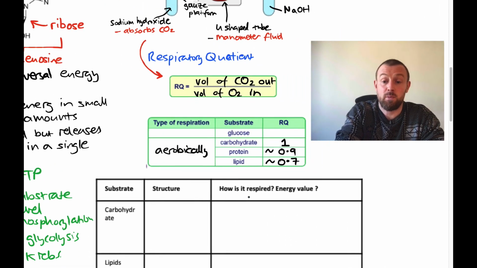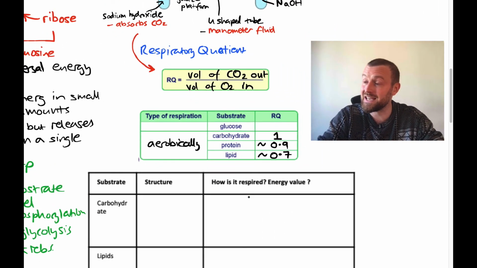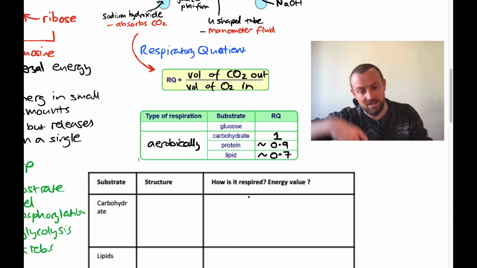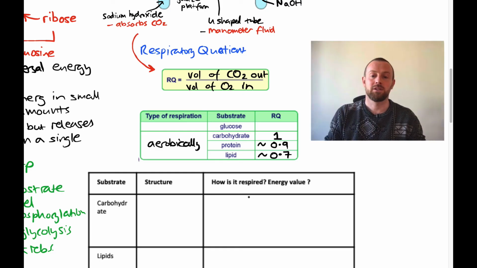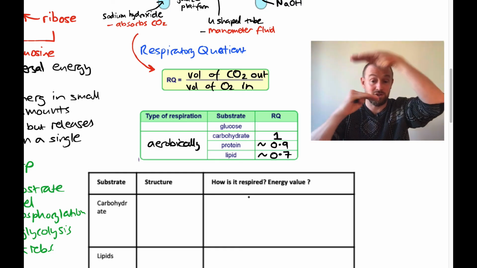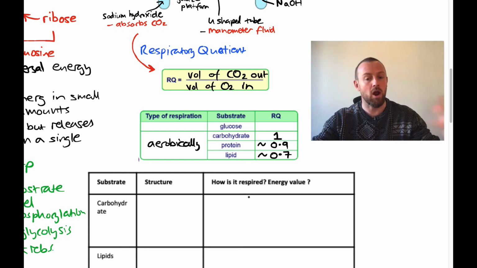You may remember that respiring glucose is 6O2 plus glucose goes to 6 CO2 plus 6 H2O. So if 6 O2 is taken in and 6 CO2 is given out, we'd expect a 1-to-1 ratio of CO2 out versus oxygen in, and therefore we get 1.